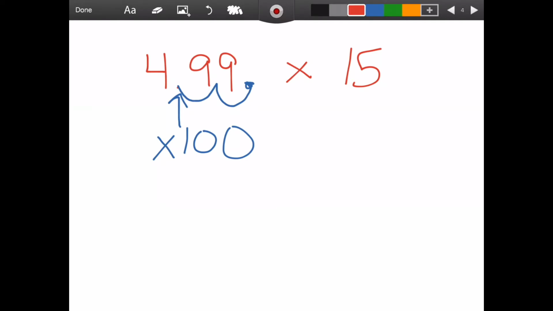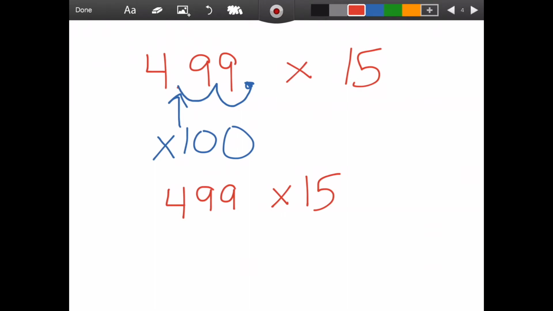Well, when I multiplied that number by 100, I now have 499 times 15. Now notice we don't have to worry about a decimal anymore. So if we have 499 times 15, I can solve that, and then I have to make up for what I did in the end.